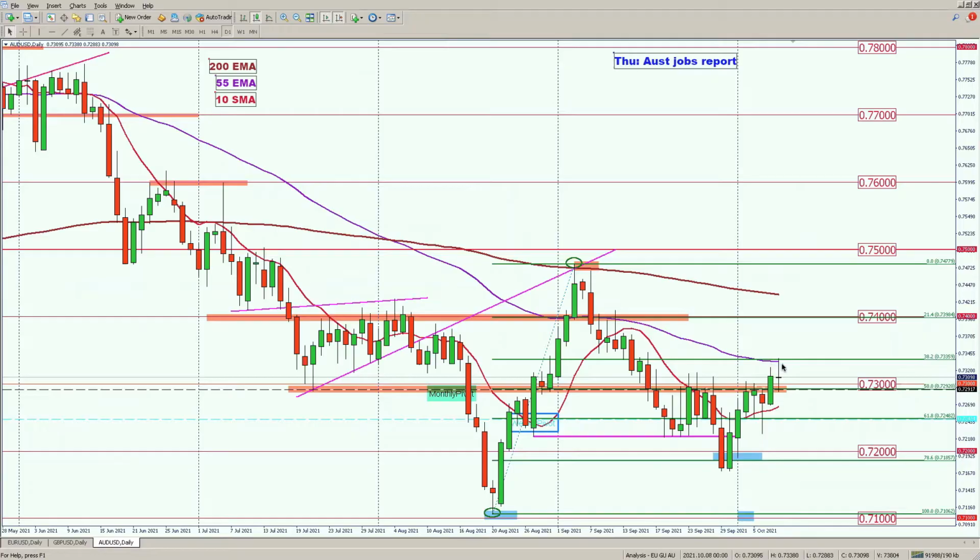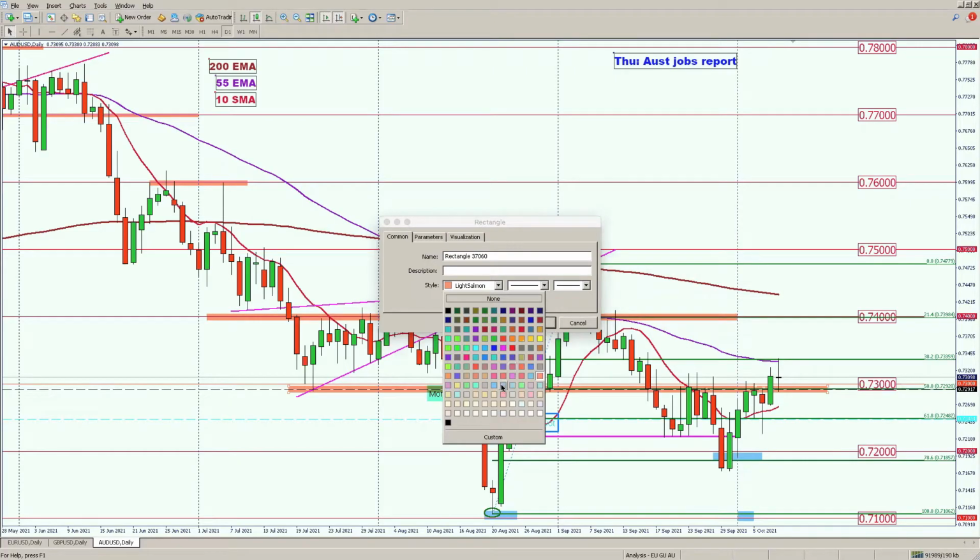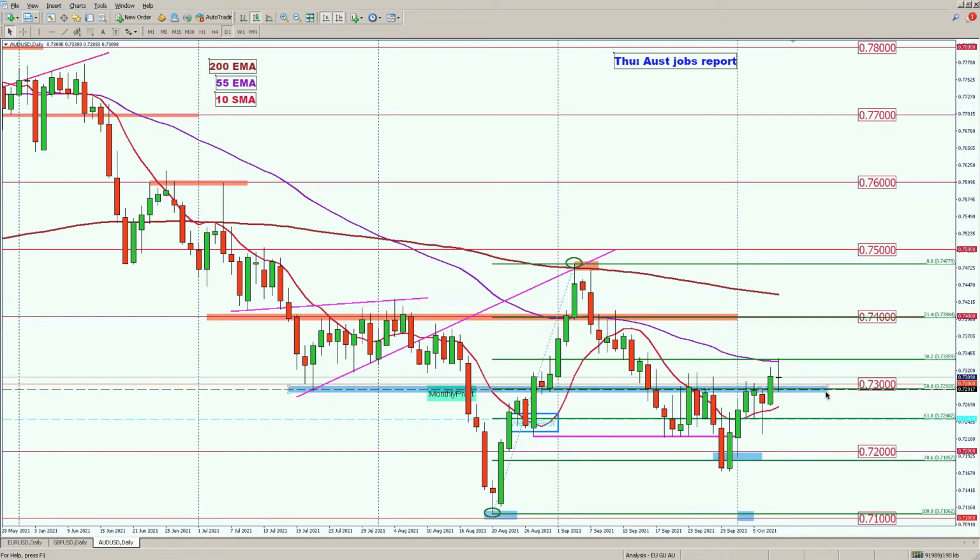So that's also right at the daily 55 EMA. So this could provide support if it's able to hold above that for the week, next week, and stay above the 0.7300 area. So let's see if this turns into support.